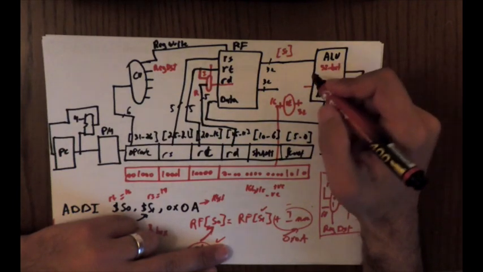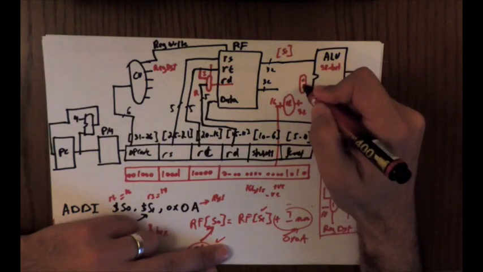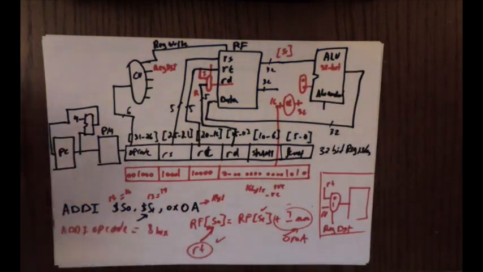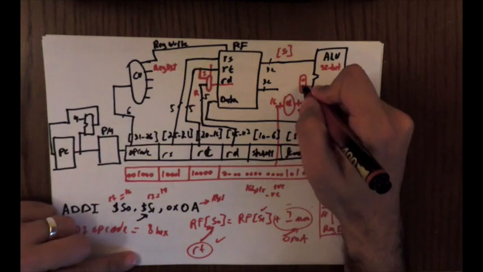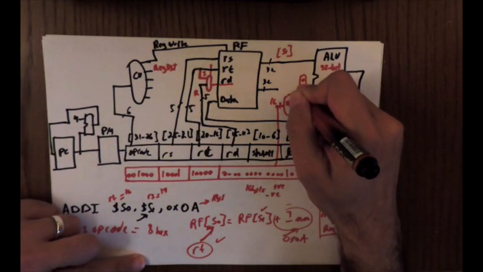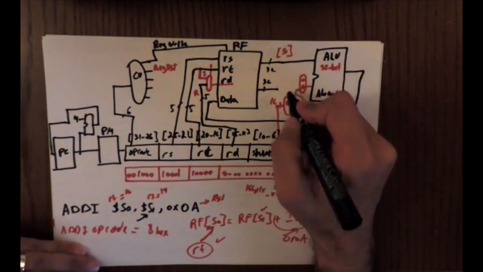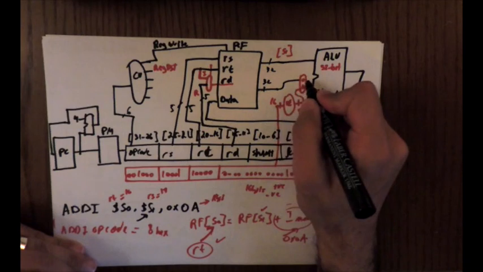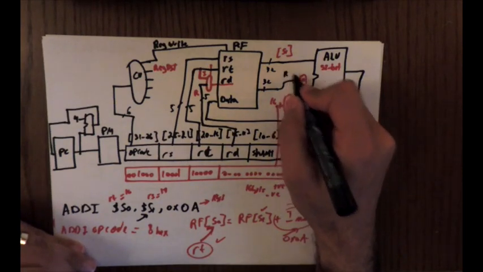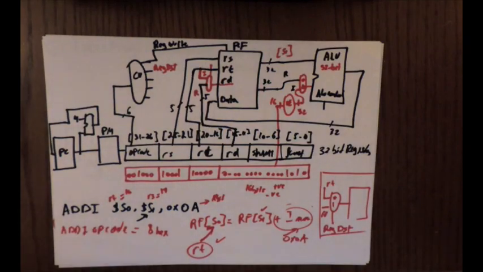We only have one ALU, so of course we need to add another multiplexer, 0 and 1. This is 1, so this will go here, and this is the R format. So this is the R format addition and this is the I format addition from the immediate.